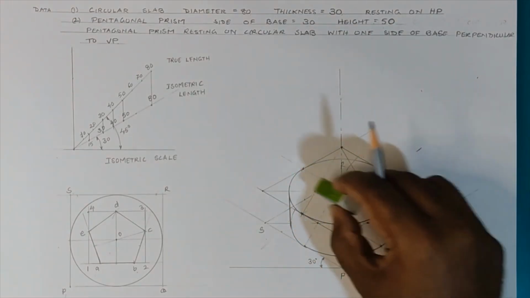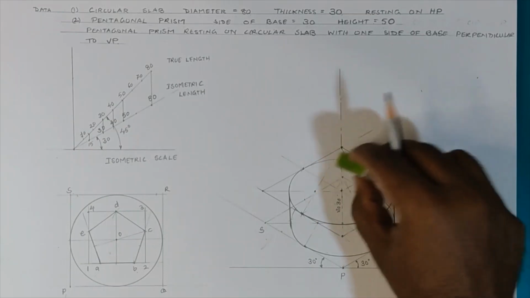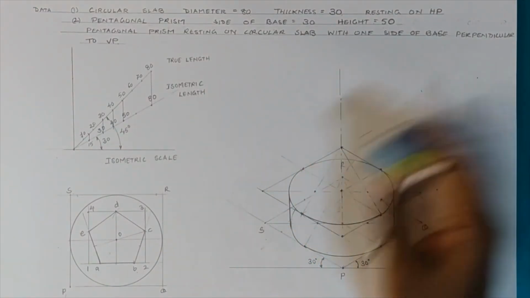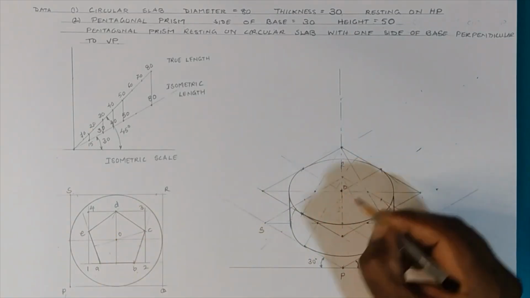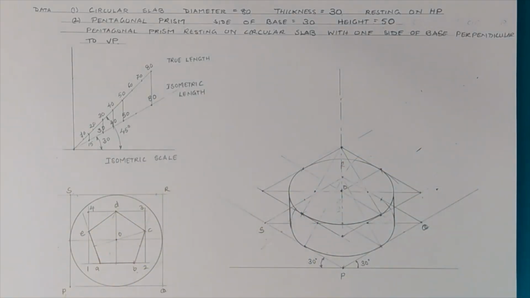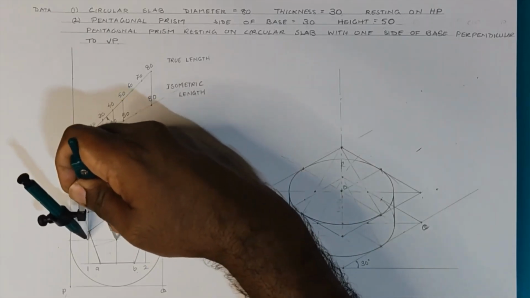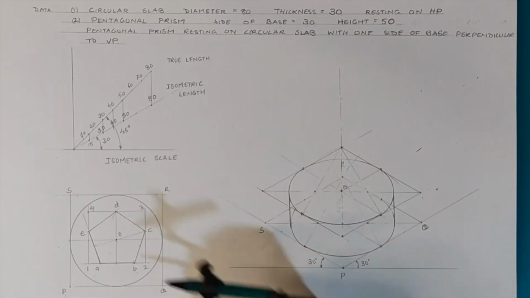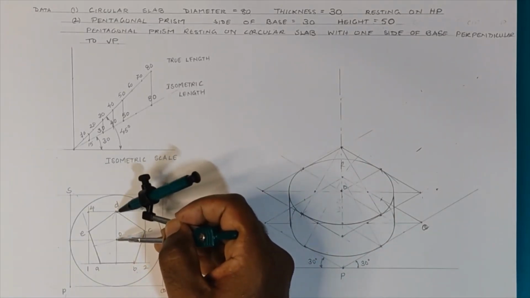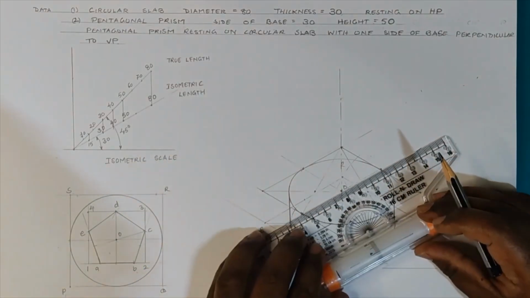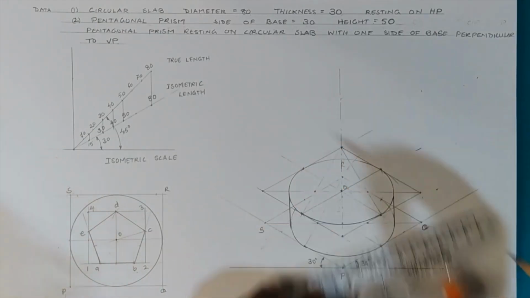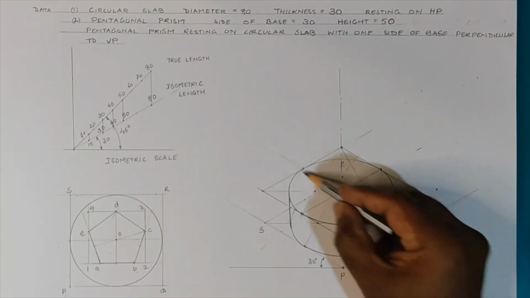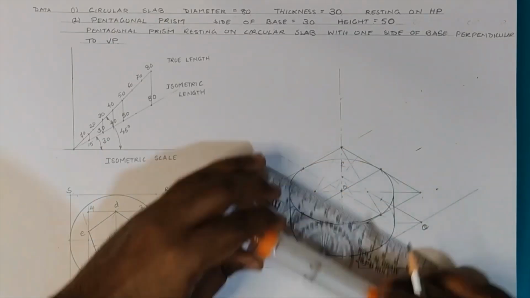I erase the unnecessary construction so that I may use the space and the center of the circular slab to draw the pentagonal prism. So now I take distances from the reference figure about the center and locate the points on the isometric lines I am drawing from the centermost point of the circular slab.